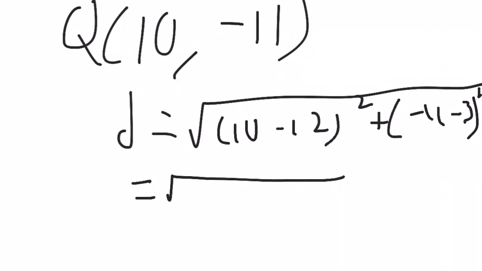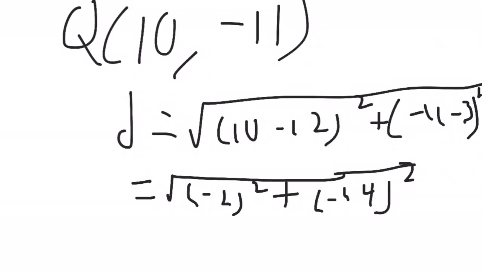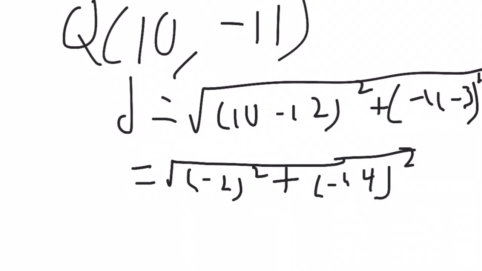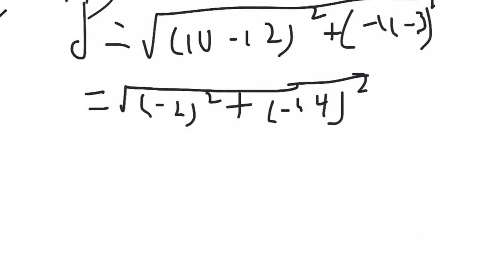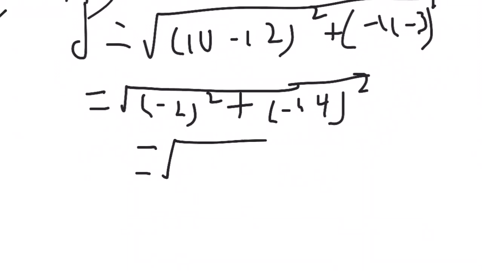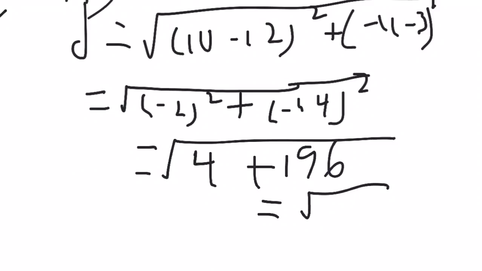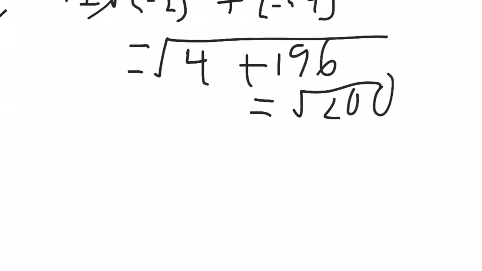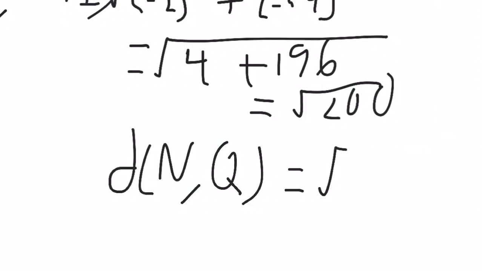That's equal to 10 minus 12 would be -2 squared, plus -11 minus 3 would be -14 squared. So -2 squared would be +4, -14 squared would be 196. That's equal to the square root of 200. So to recap, the distance from N to Q would be the square root of 200.